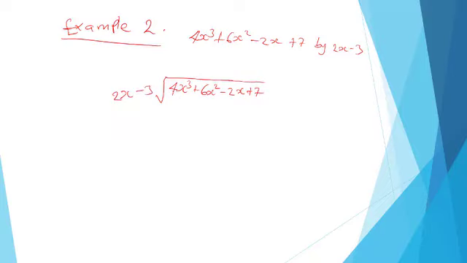So with this, you now do 4x cubed divided by 2x. You now have 2x squared. Now 2x squared times 2x will give you 4x cubed. Now let me tell you something.